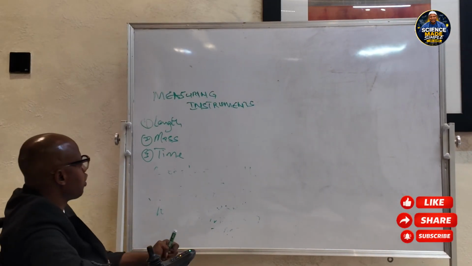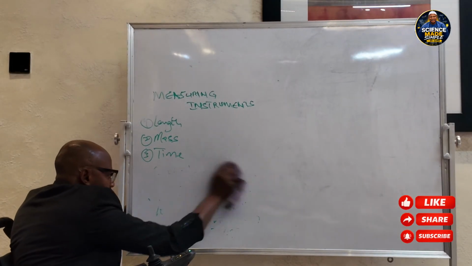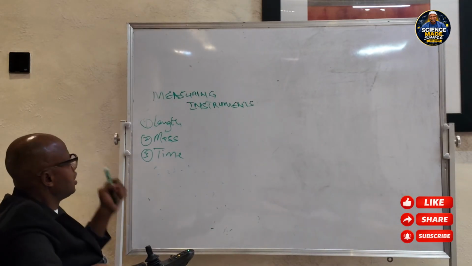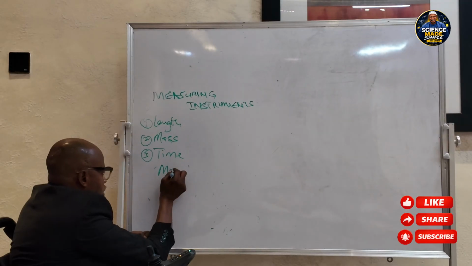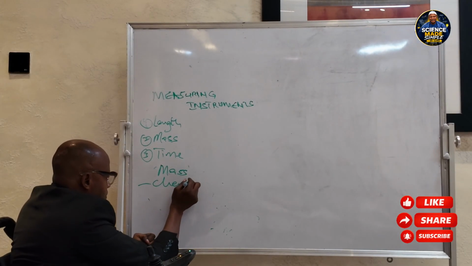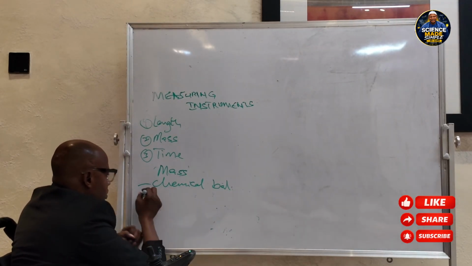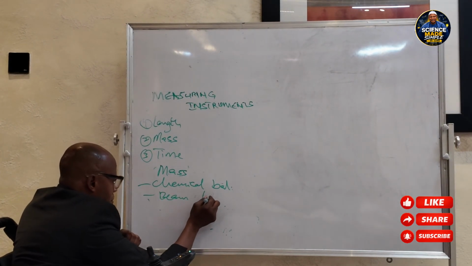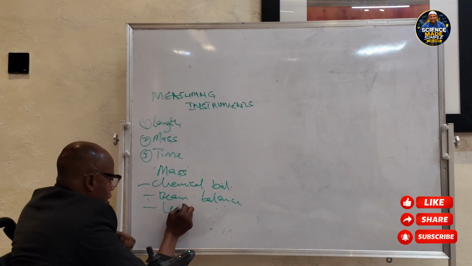So the second one is the mass. The mass of an object is the quantity of matter in that body. The mass of an object can be measured by the chemical balance, beam balance, lever balance.